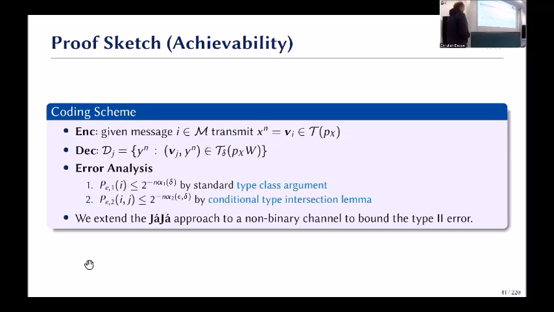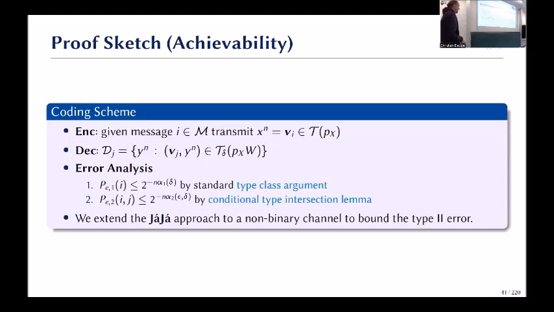And the decoder, he chooses here, it's different like in the Yaya case. Later we will see when for the binary symmetric channel we need just a distance decoder, and the same is true also for the Gaussian channel. But if we look at the general discrete memoryless channel, we need a typical decoder. So like it's often in information theory, he chooses y^n such that v_j and y^n are in the typical set.